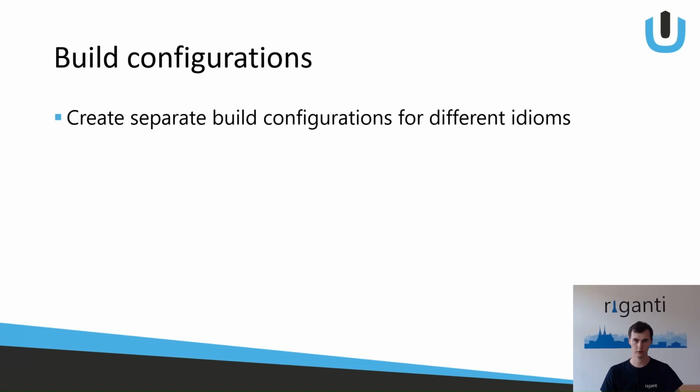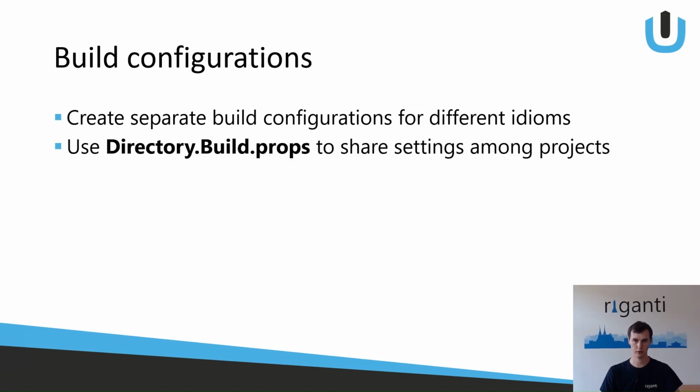If you create different build configurations for different idioms, you can use the directory build props file, we will take a look at that, to share these settings among multiple projects. We'll see why this interests us in a little bit.